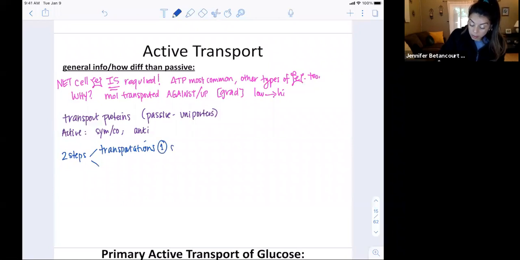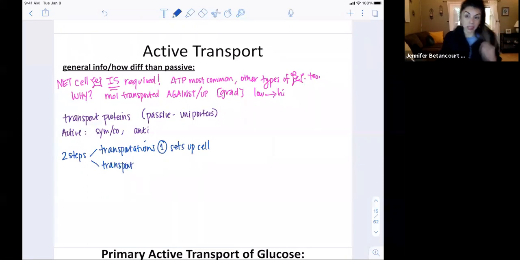Transportation 1 sets up the cell for transportation 2. You cannot have the transport of the second molecule without the transportation by the first transport protein. We'll see what that means in just a second.